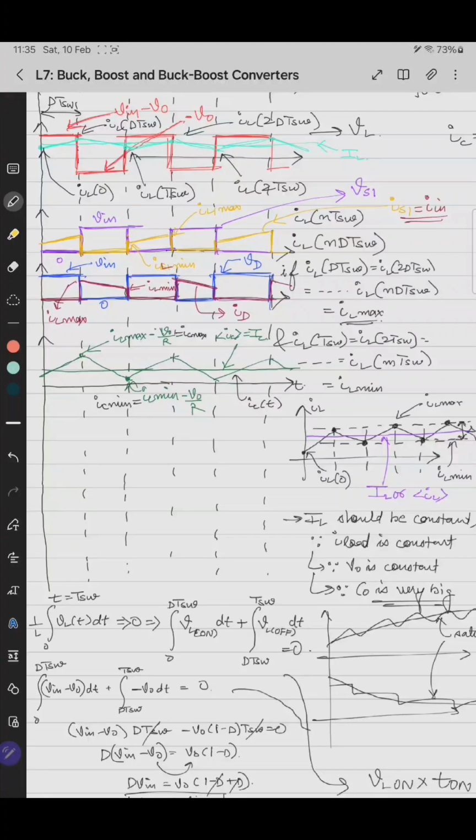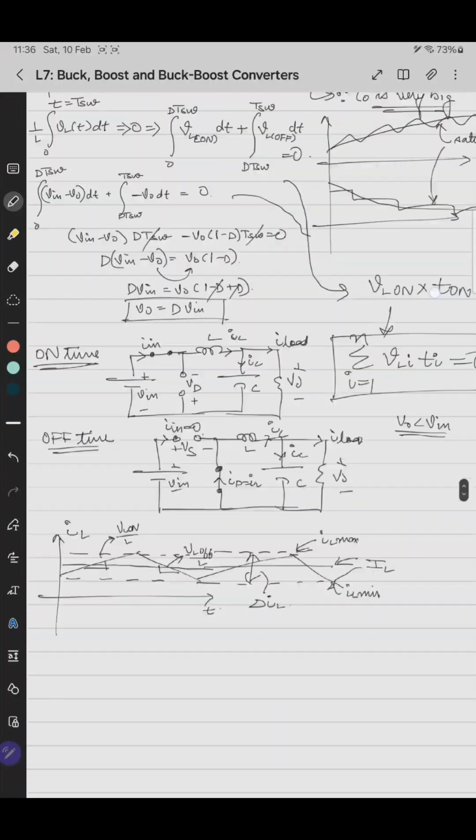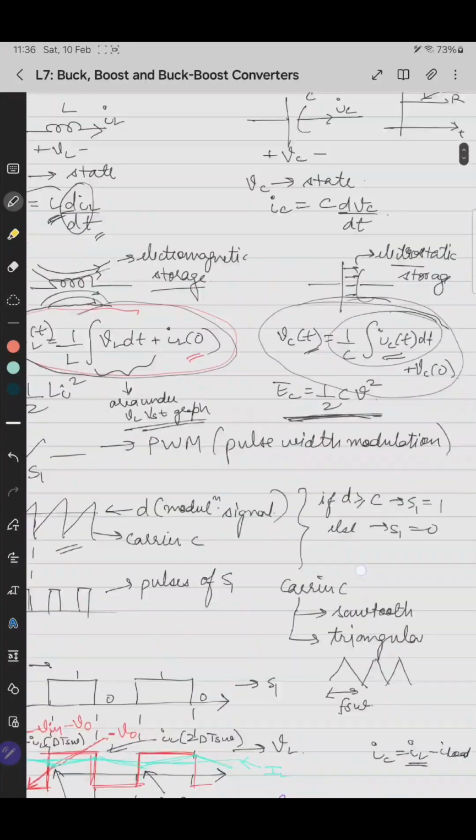Now we have to make sure that as per this expression, Vc of t is 1 by C integral of IC of t dt plus Vc of 0, which means that similarly, this is the area under the IC versus time graph. So similarly, let's say that this has to be 0.